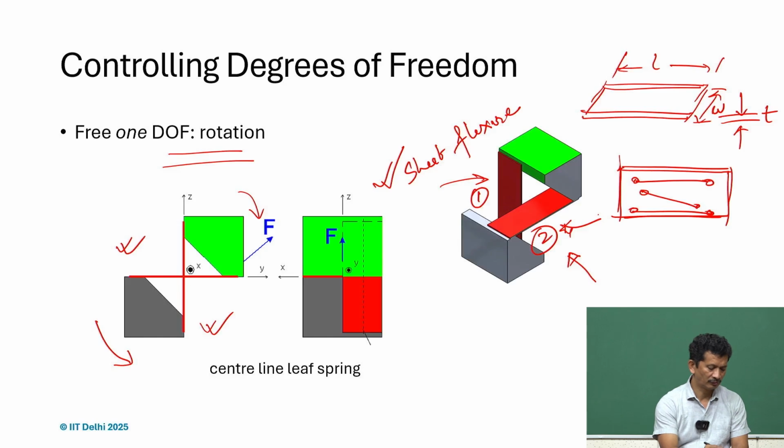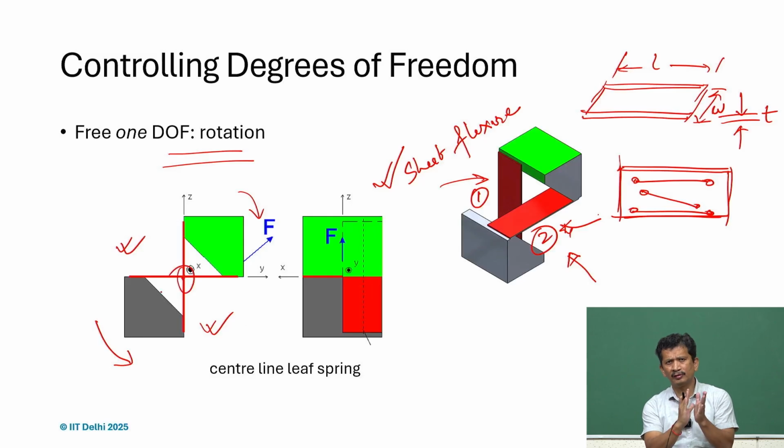So maybe initially here, but it may not stay here, and there will be slight deviation, there will be excursion. So, that rotational axis will move, but if it is for a very small range of motion, it's a very good design and it can solve many of the problems related to friction. So, we will be discussing this flexure design in detail later when we talk about compliant mechanisms.